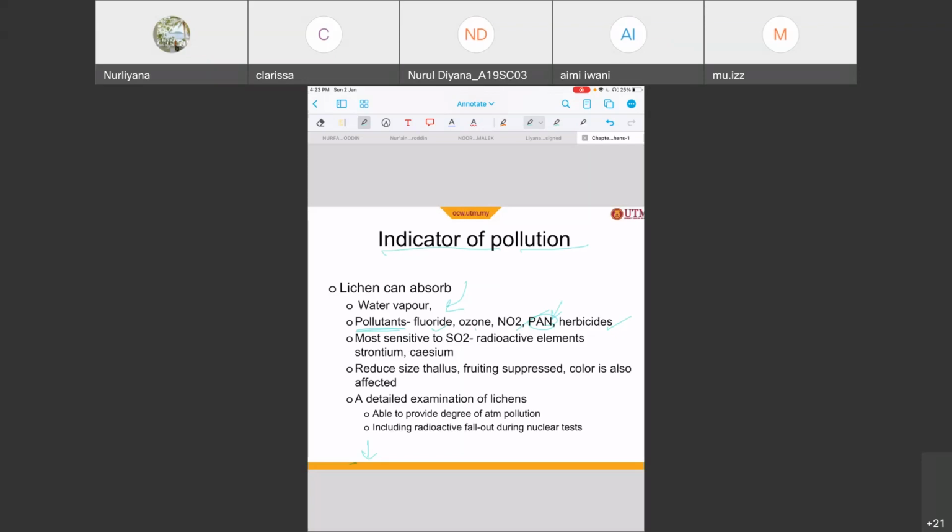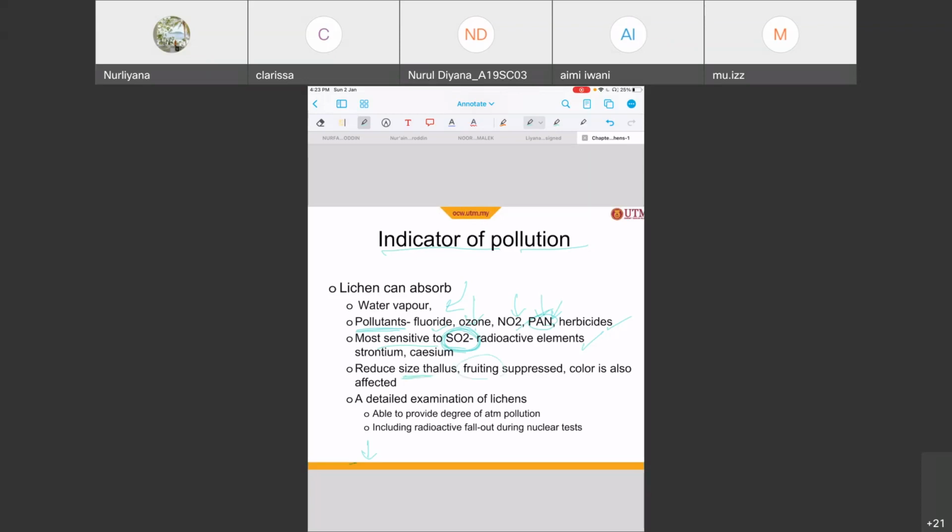So lichen is more sensitive to SO2. Apa dia tu? SO2, sulfur dioxide. So sulfur dioxide is paling dia boleh absorb, and also some radioactive elements. And when they absorb all these hazardous pollutants, it can be indicated by the thallus reduction in size.